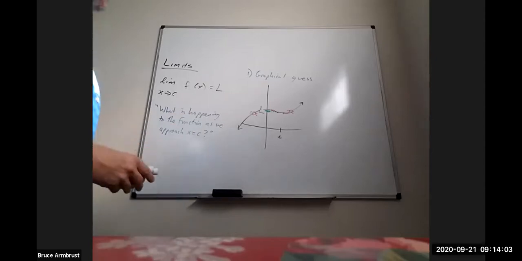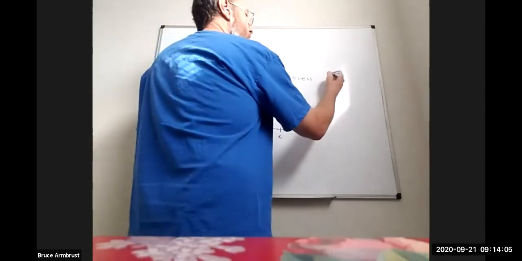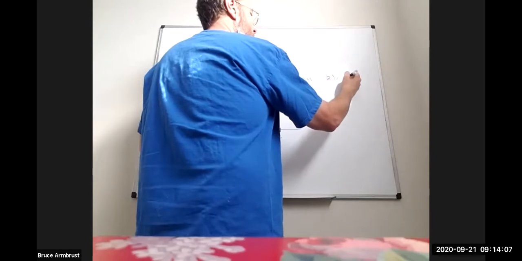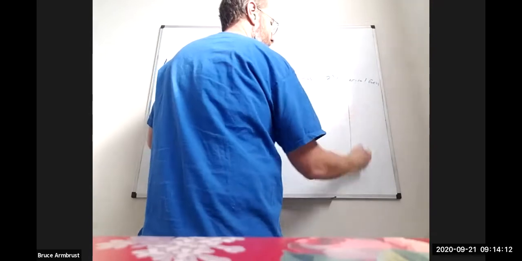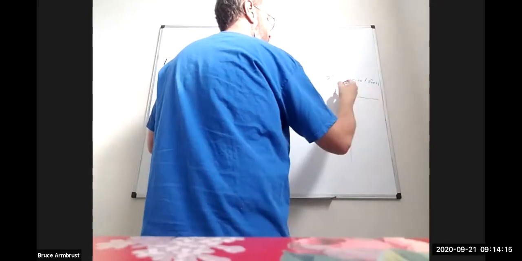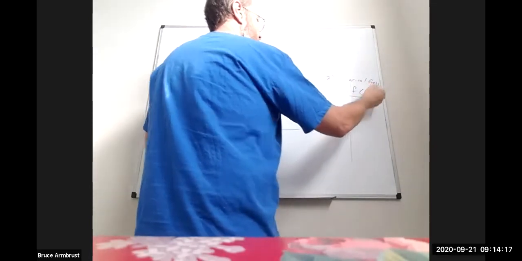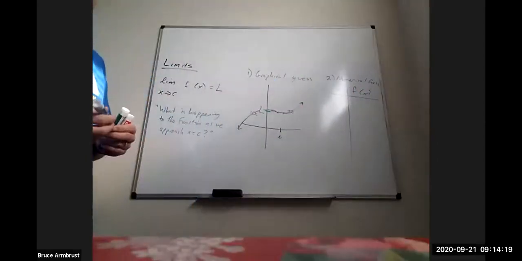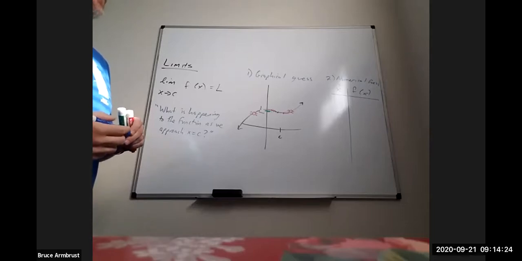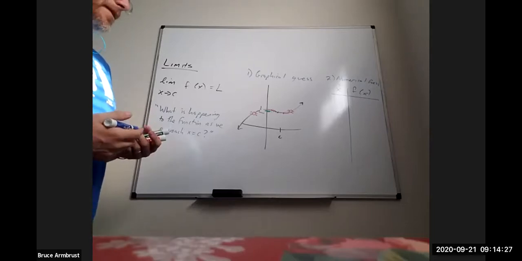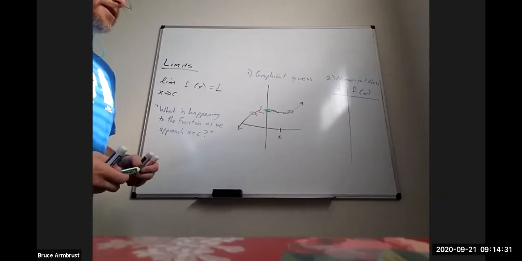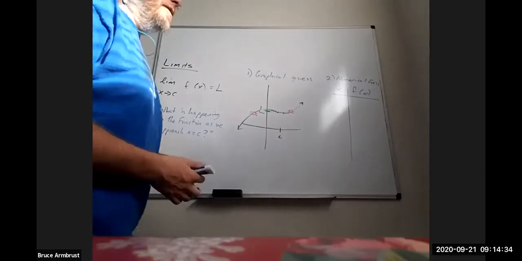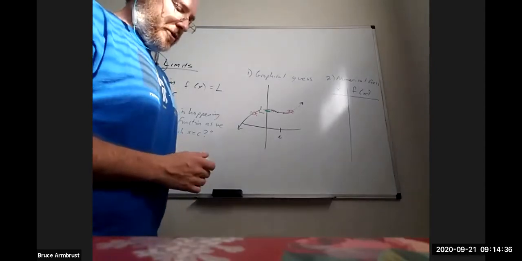All right, so you can make a graphical guess, but you can also do a numerical guess. This was the one where we plugged in x values that were very close to c, and there was some sort of pattern. We were doing this a second ago when I was talking about guessing the instantaneous rate of change for a function.